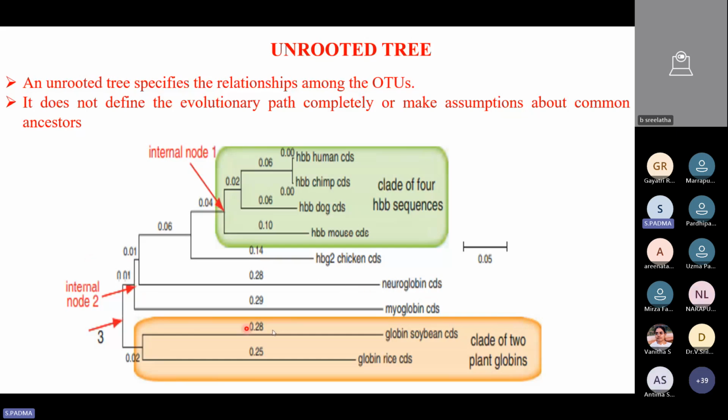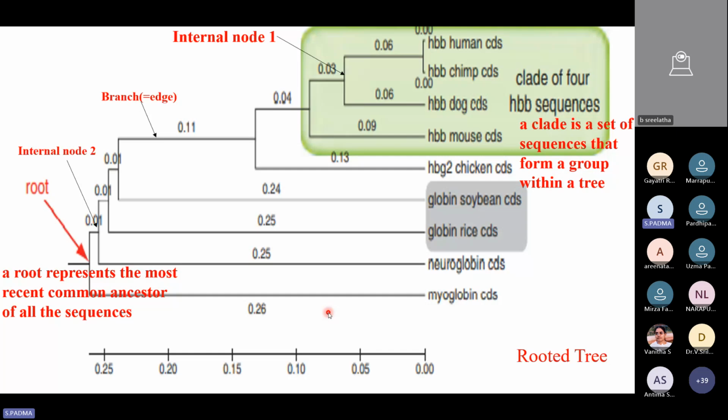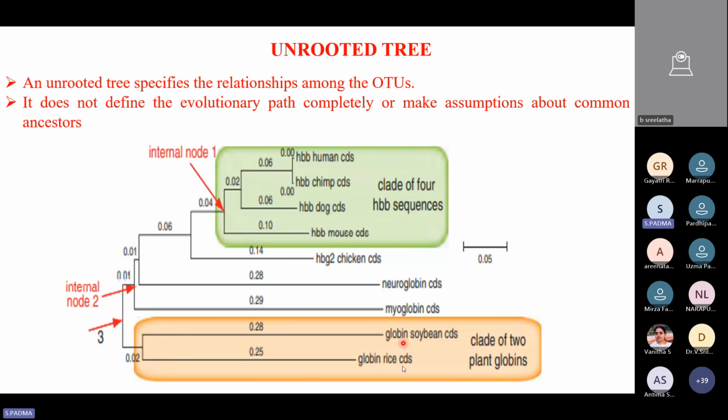But what is the difference now between a rooted tree and an unrooted tree? In the rooted tree, you are able to understand the evolutionary relationship between the various samples which you are examining. But here there is no clarity whether each of them is segregated on their own, whether there is any common ancestor for these types of genes. Is there a common ancestor here? We have no idea.